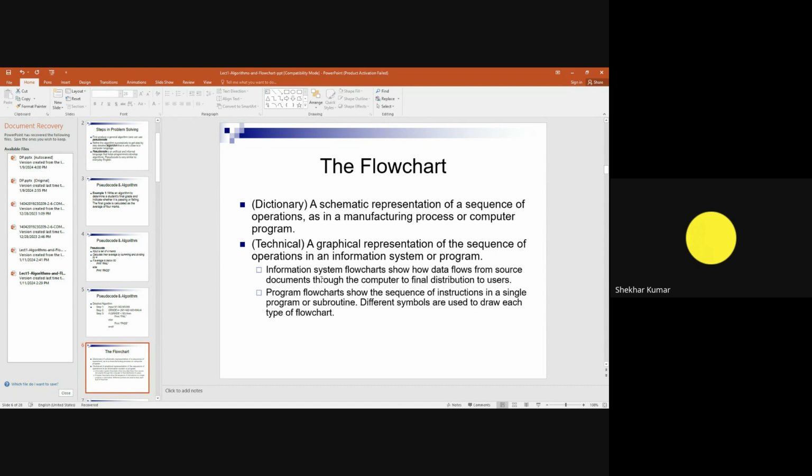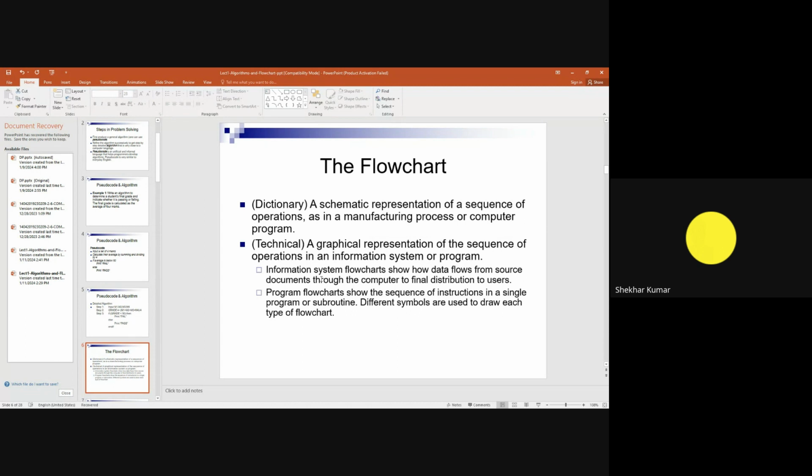It shows the graphical representation of the sequence of your operations. So different symbols are used to draw each type of flowchart. For every instruction, I use a symbol.